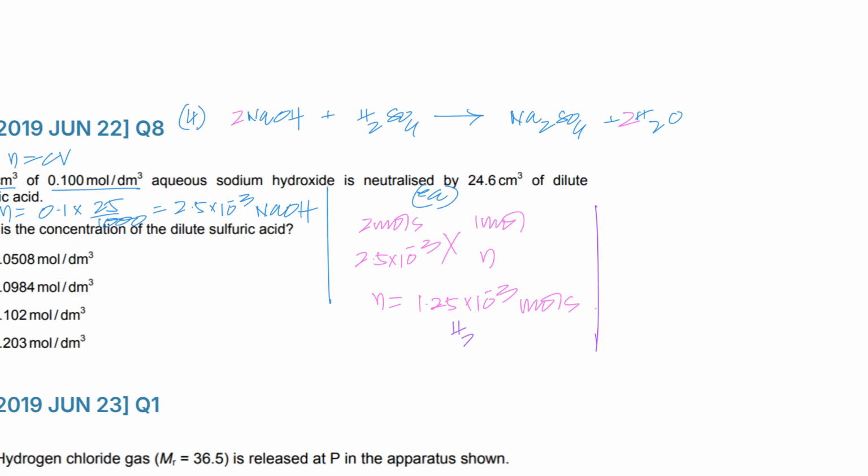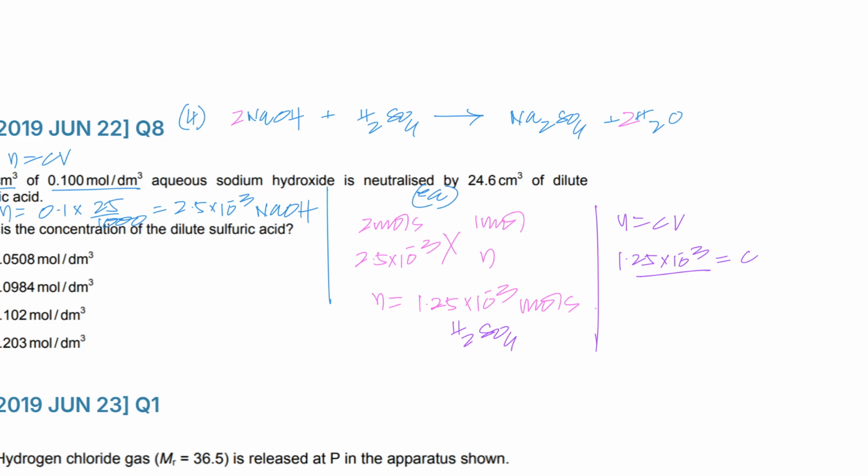So these are the moles of sulfuric acid, and then the last step is to convert the moles into concentration. So you have the moles, it's 1.25 into 10 raised to the power minus 3, and divided by the volume, but make sure to convert it into decimeter cube.